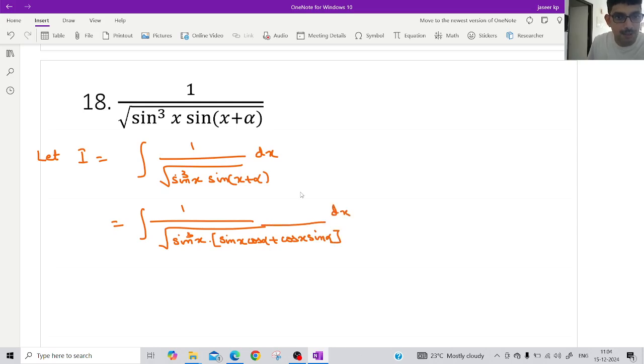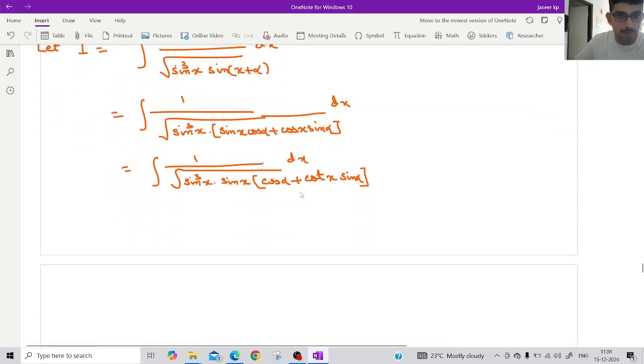Now we will be taking sine x common from the formula which we have written now. So sine cube x is there, then sine x is taken outside. So sine x is one common here, so it is cos alpha, but there is no sine x here, so that means it will become cos x by sine x, that is cot x sine alpha. So first term is cos alpha, then cot x sine alpha.